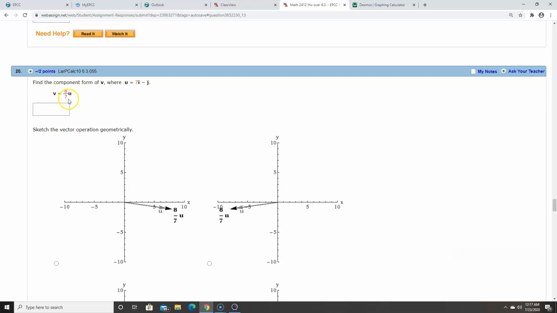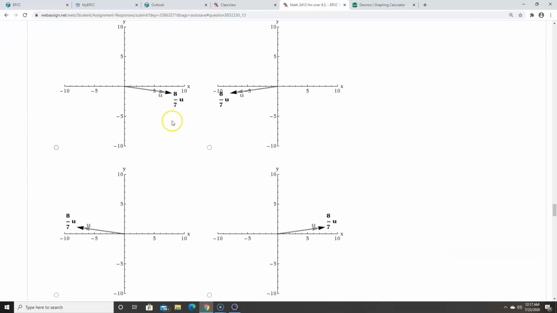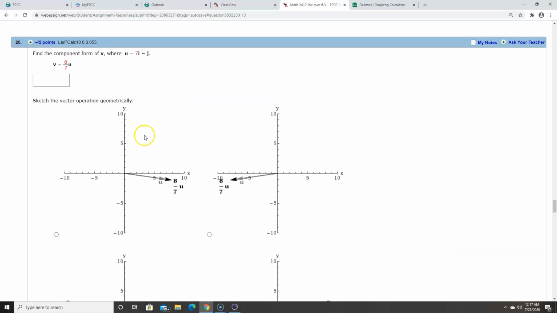Well, 8 over 7 is a little bit bigger than 1. So that means the vector v is going to be in the same direction as this one, but just a little bit longer. So now you can figure out which one that has to be.